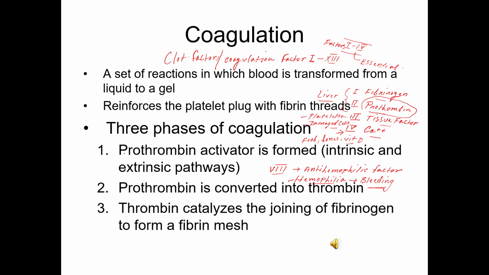First, when you get a cut or injury, prothrombin activator is formed, and that prothrombin activator, its name is prothrombin activator, will activate this factor number 2, prothrombin, and convert it to thrombin.